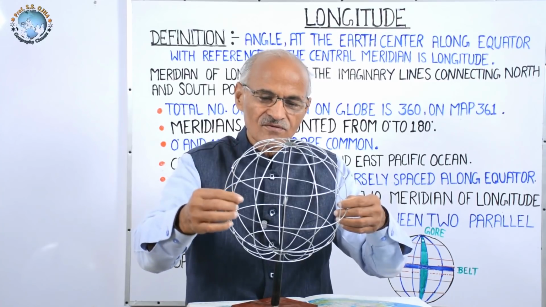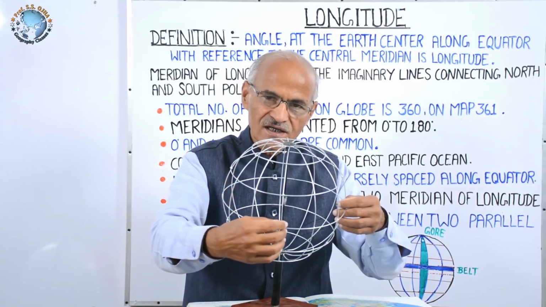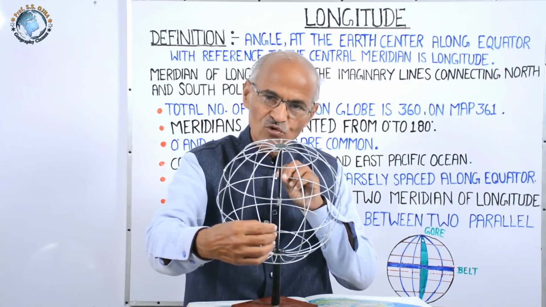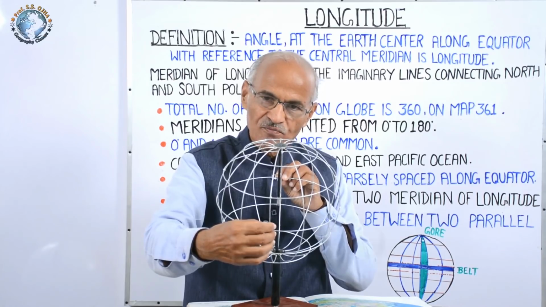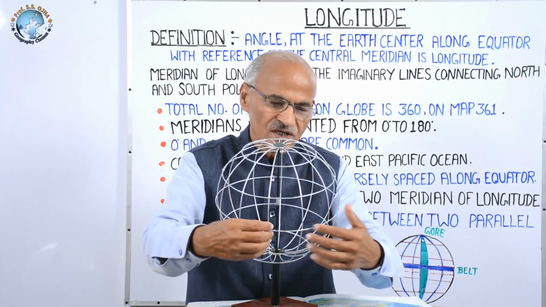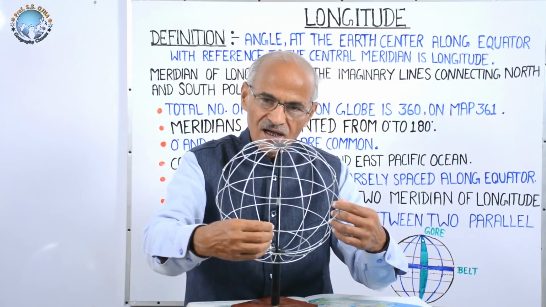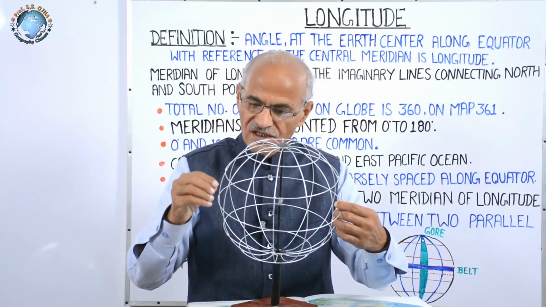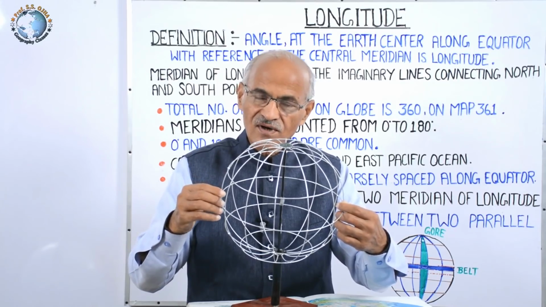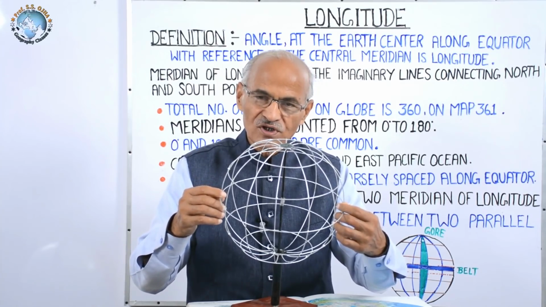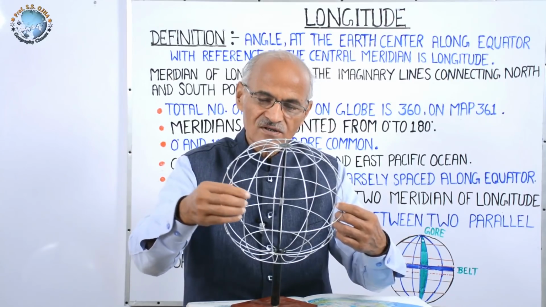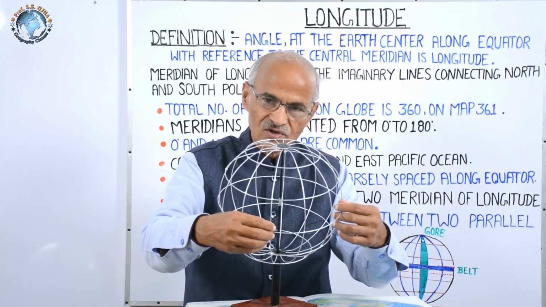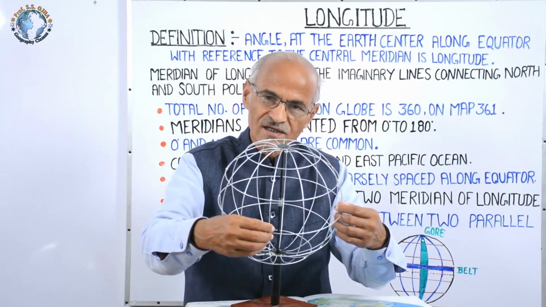Then, if one boy is standing here, the other is standing just opposite, and both are playing, so this boy will move east by 90 degree, and this boy will have to move east 90 degree for the diametrically opposite position.